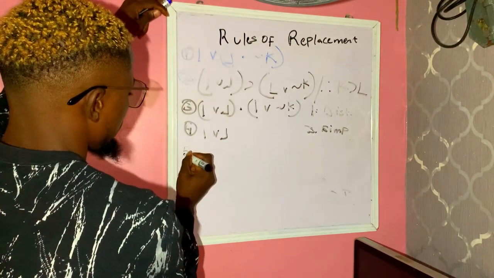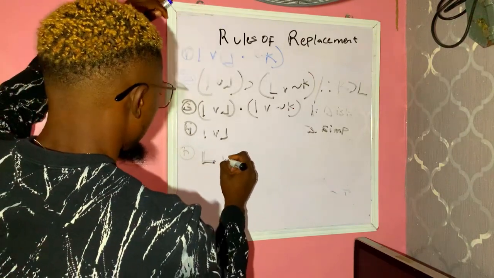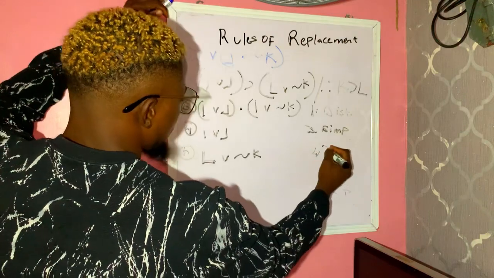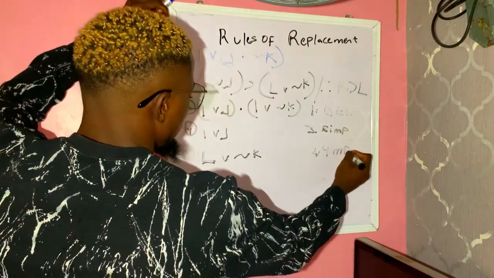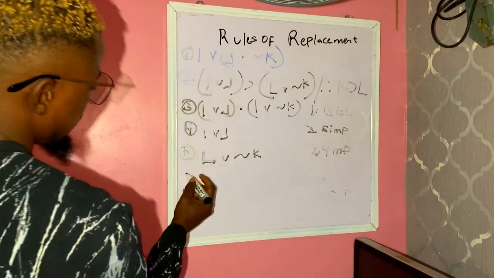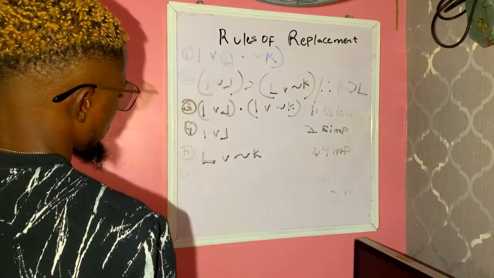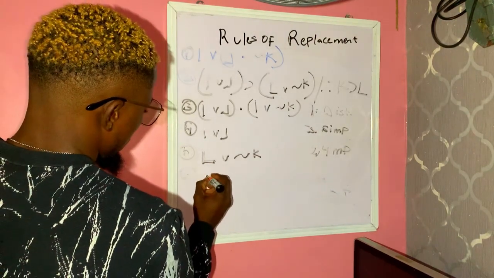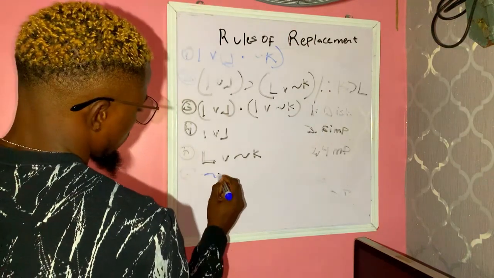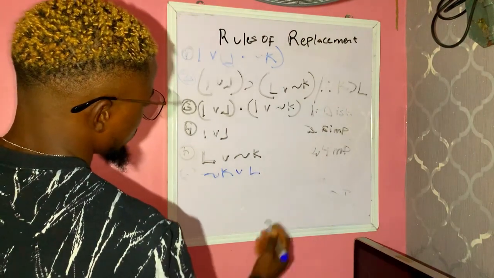Then line 5, L or negation K. That's 2 and 4 MP. Then line 6, negation K or L, commutation.